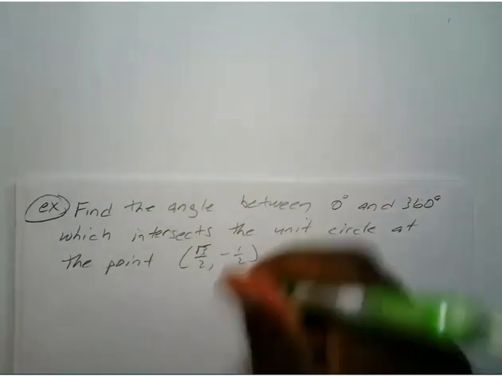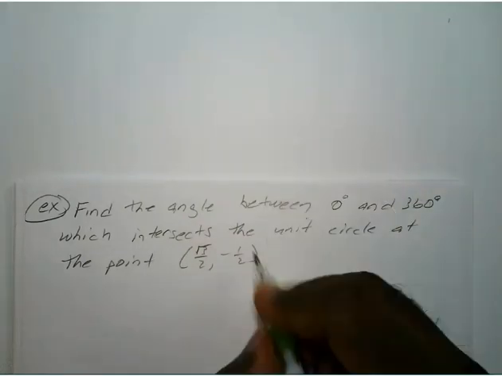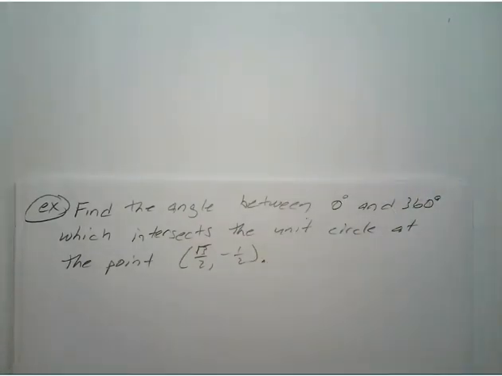We're doing this with the assumption that we're not going to look at the unit circle that we filled out. So let's just assume you don't have that with you.